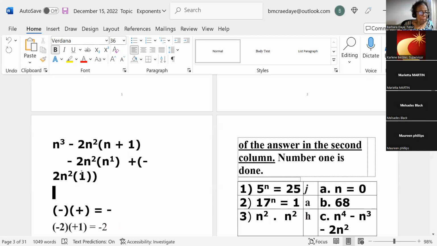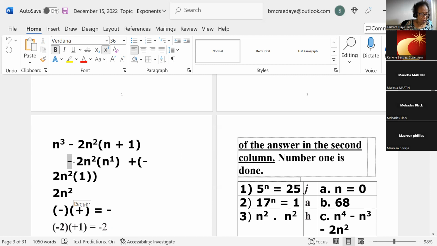I want you to go through multiplying this. Okay. So this will be minus 2. Let me just put this here. I got to elevate the foot in a few minutes.